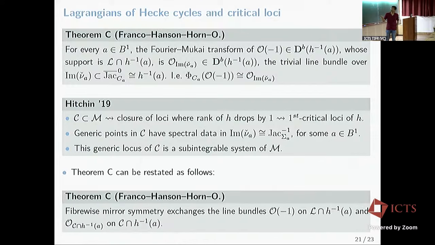Okay, so theorem C, this theorem here, can be restated as: fiber-wise mirror symmetry exchanges the line bundles over the intersection of our Lagrangian with the fiber, with the trivial bundle on the intersection of this critical loci with the same fiber.